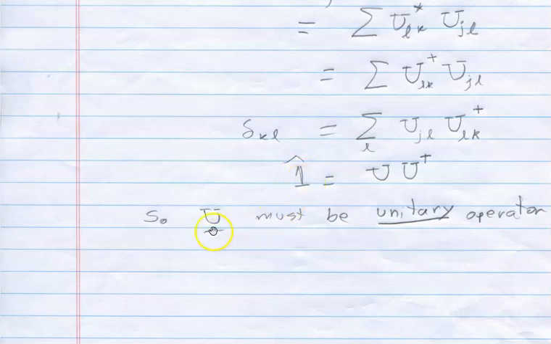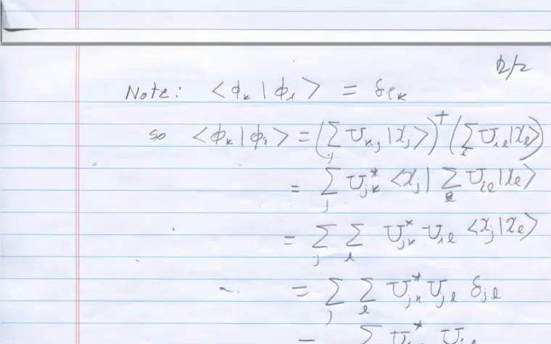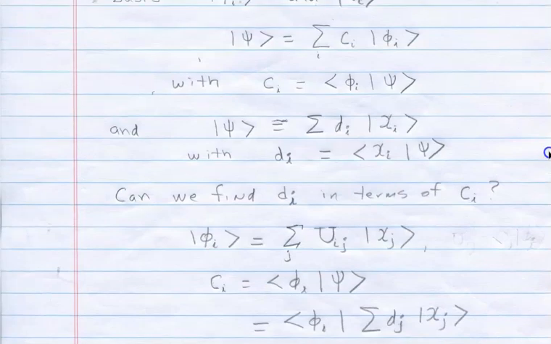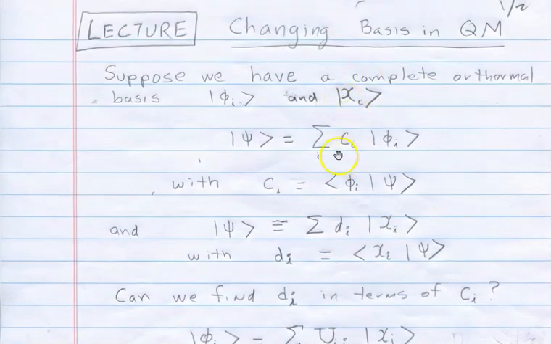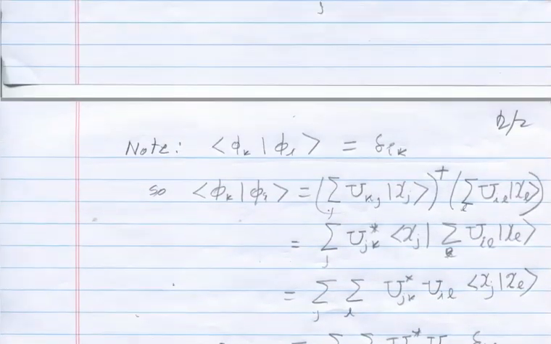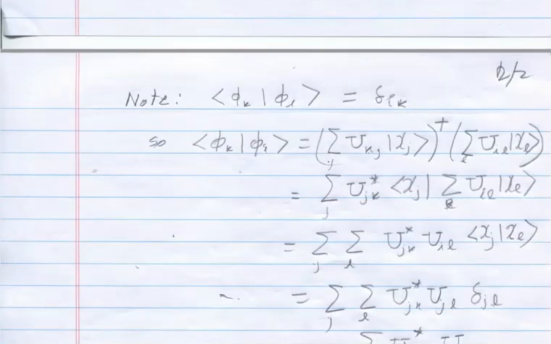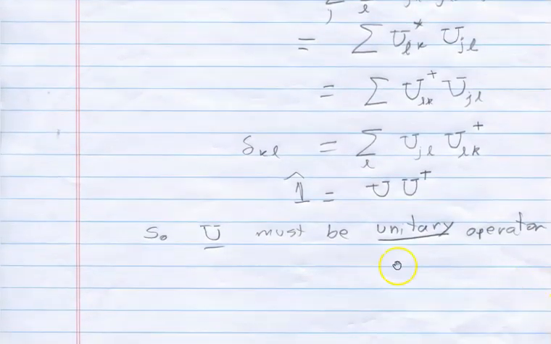And so U must be a unitary operator that transforms from one basis set to another. It holds for any vectors that are in it, and particularly it holds for the basis vectors themselves, and that forces these to be unitary operators.